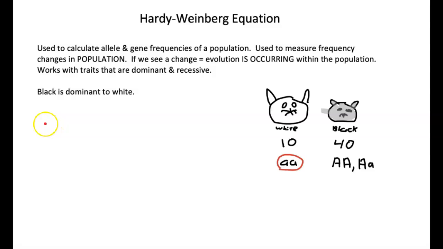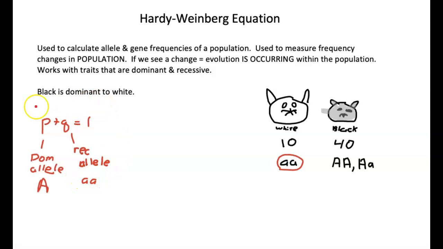So we go back to the Hardy-Weinberg equation. p plus q equals 1. In Hardy-Weinberg, p represents your dominant allele. In this case, p represents the big A allele. q represents your recessive allele, little a.